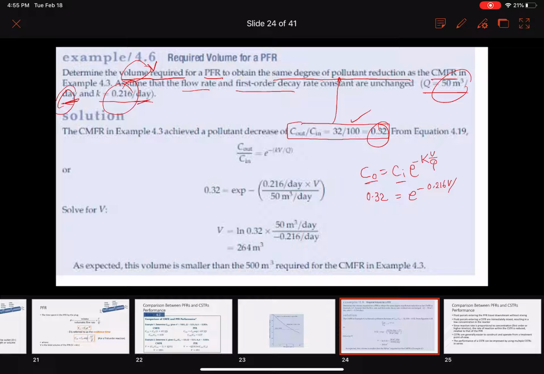We have to make sure that the units are consistent, so the volume is going to be in meter cubed.